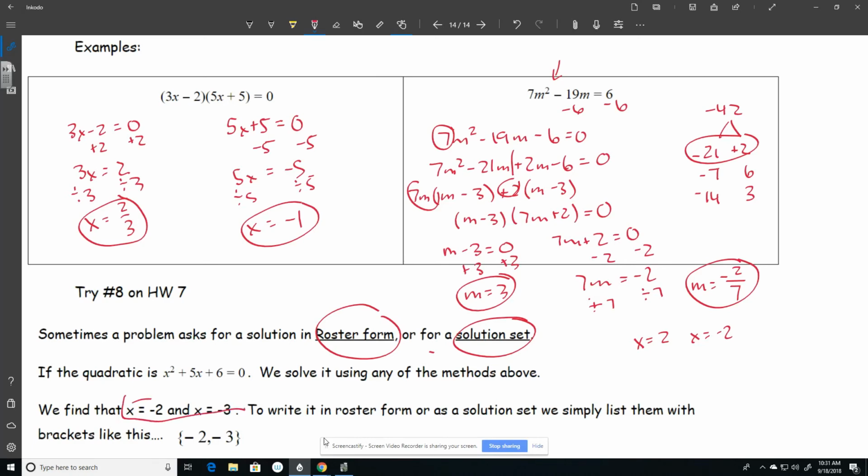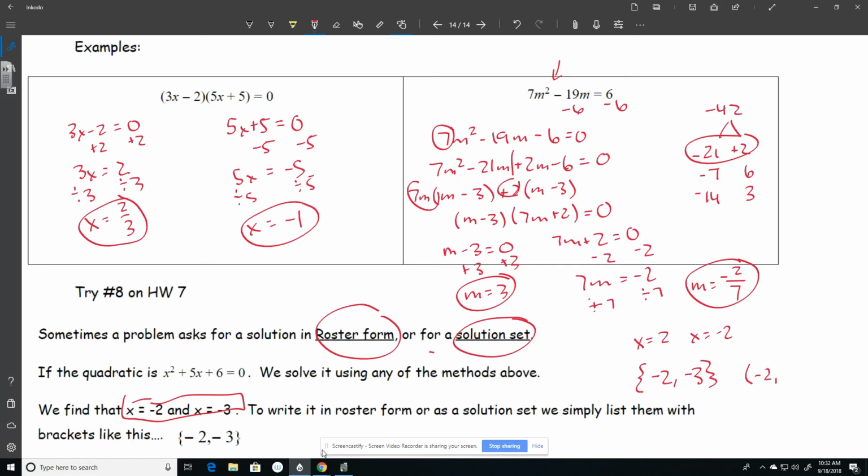Instead of writing it like this, roster form or a solution set means that I write it with brackets. So I put a bracket and then I just write one of my answers and a comma, and then I put my other answer. You need to be careful that you use these special brackets. Don't just use the parentheses.